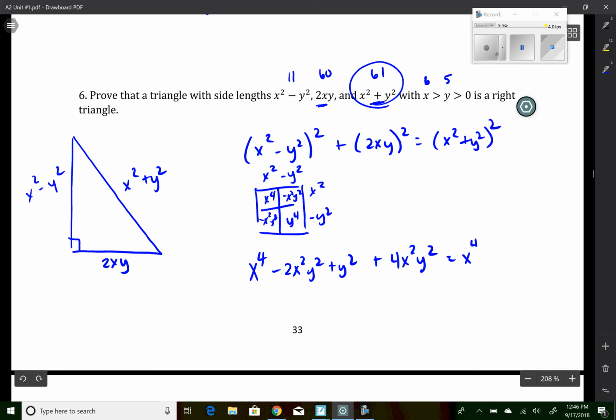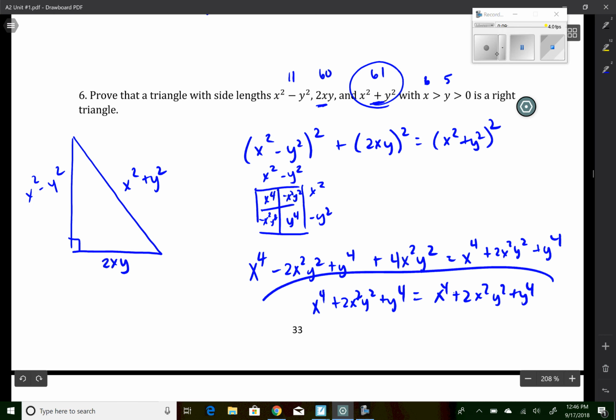So it's going to become x to the fourth plus 2x squared y squared plus y to the fourth. Combine your like terms, you get x to the fourth plus 2x squared y squared plus y to the fourth, and that's all equal to, oh wait, that. So we've just proven our identity and we're all set.